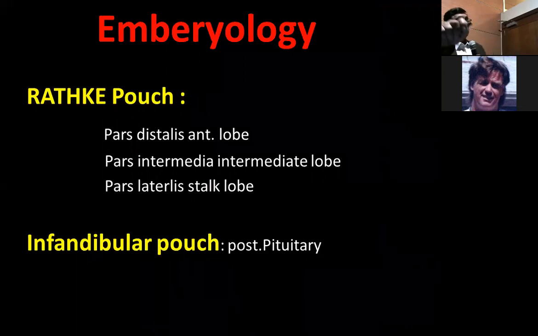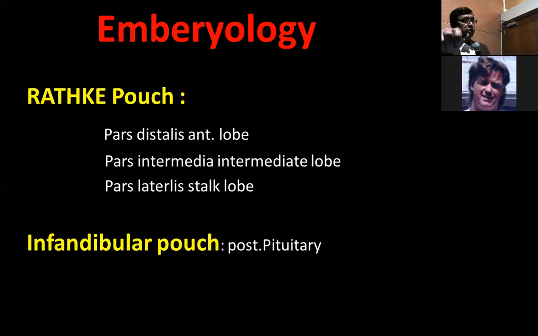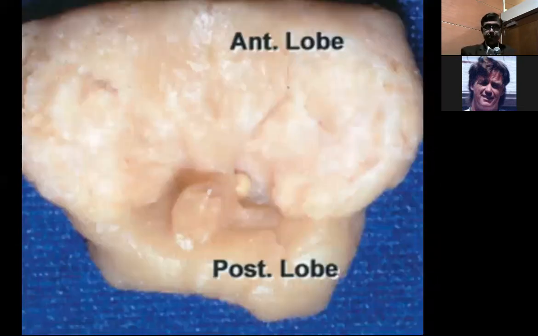So the Rathke pouch, which is coming from the pharynx, will form the pars distalis, which is the anterior lobe, the pars intermedia, which is the intermediate lobe, and the pars tuberalis, which is cuddling the stalk itself. While the infundibular pouch coming from the diencephalon will form the posterior pituitary.